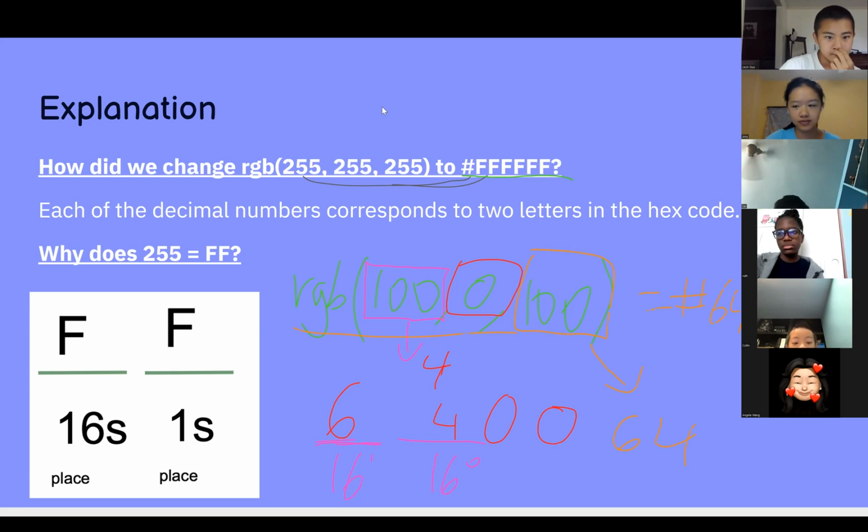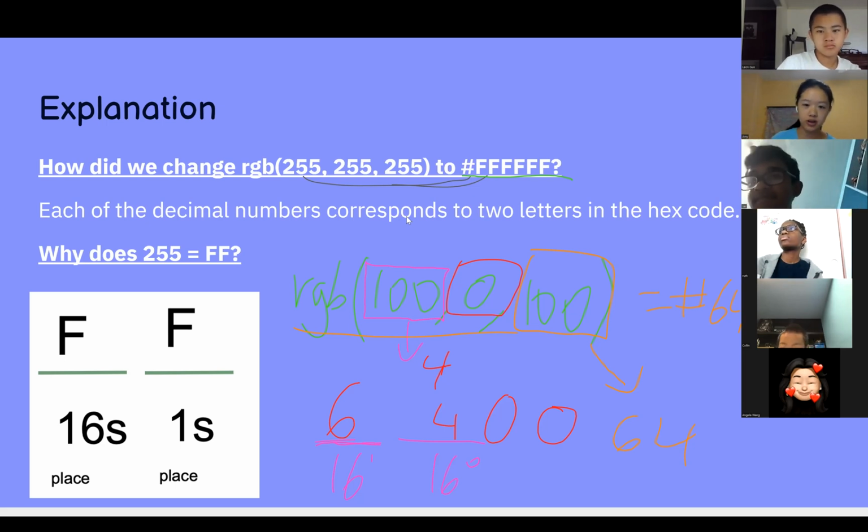So approximately what color would that be? Purple of some sort, because for this color, you have a little bit of red, no green, and a little bit of blue. Red plus blue is purple.